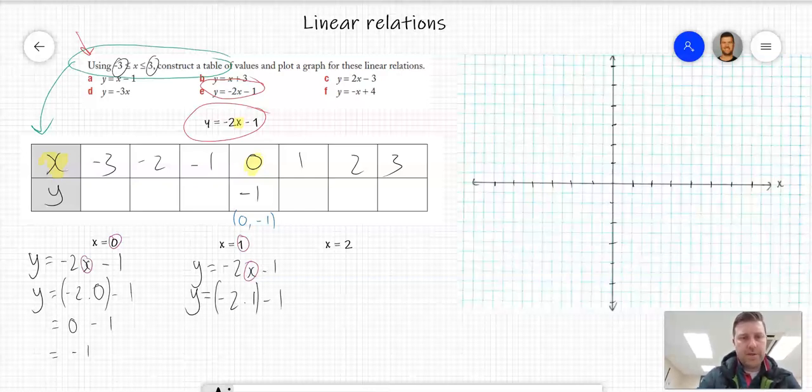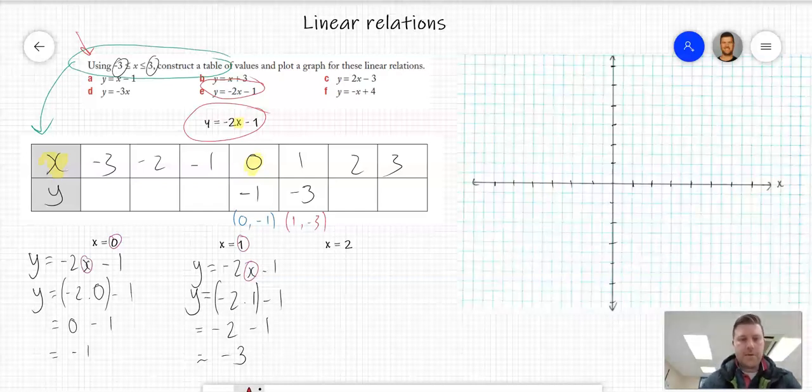Again, my order of operations, I'll do the multiplication first. -2 times 1 is -2. -2 take 1 is -3. So when x is equal to 1, y is equal to -3, and that gives me another coordinate. Again, the x value first, 1, followed by the y value, -3.